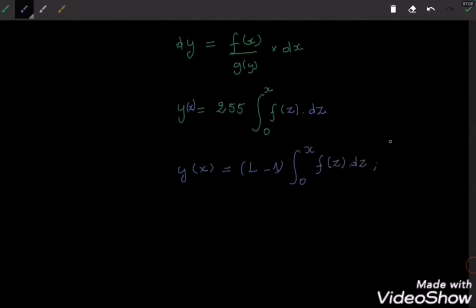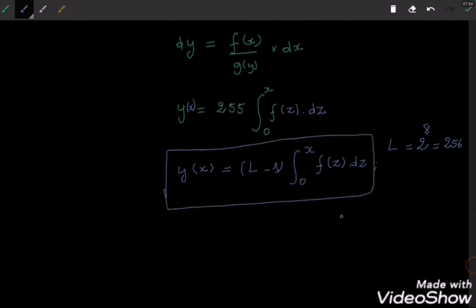And L in this case represents the possible gray levels of an image. So for an 8-bit image, L is equal to 2 to the power 8, which is 256. That's it. So that's the proof of the formula of the global histogram equalization that we use to enhance the contrast of images.